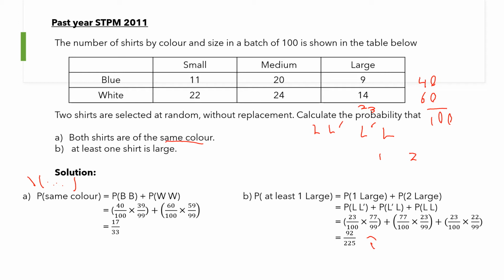The same goes to the second one. First is not large and second is large, and then there's also the possibility of 2 large. So after I calculate this and I add it, you get the total probability of getting at least one large shirt.